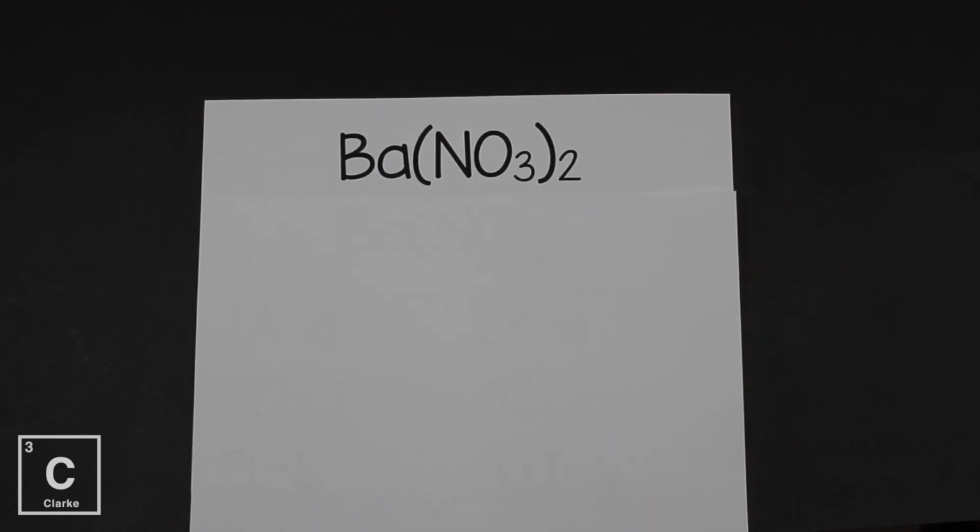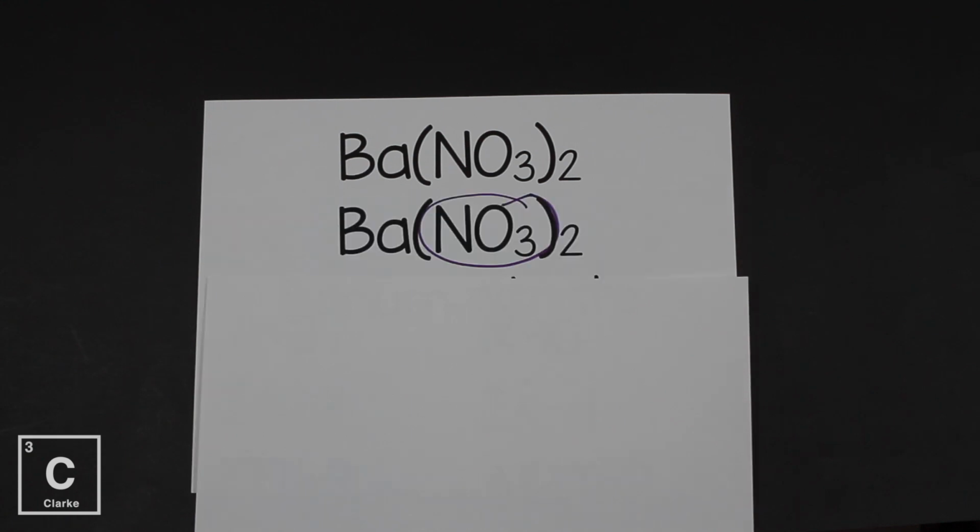Let's look at another example. We've got Ba(NO3)2. This time our polyatomic ion is in parentheses. So it's very easy to see that NO3 is in a group together, which means it's a polyatomic ion. Many atoms grouped together as a unit, polyatomic ion. Ba is barium.